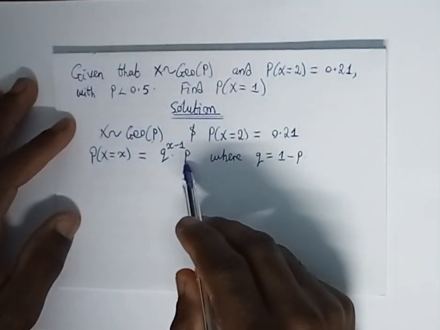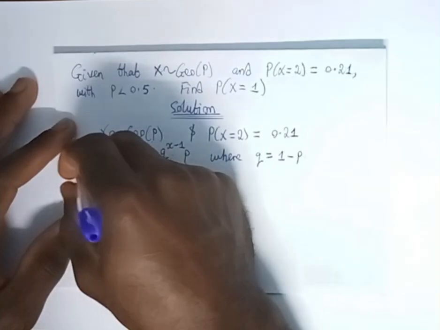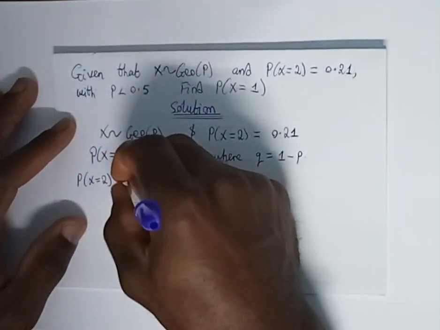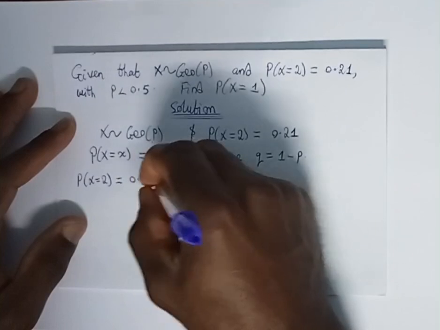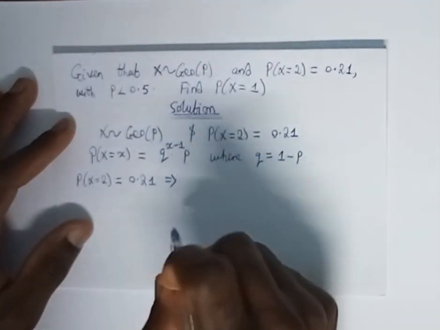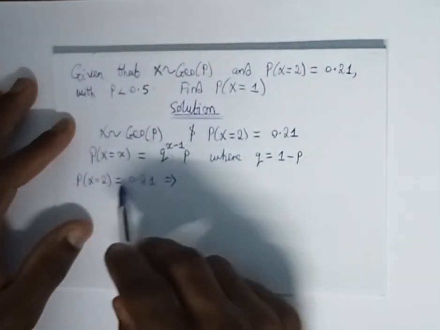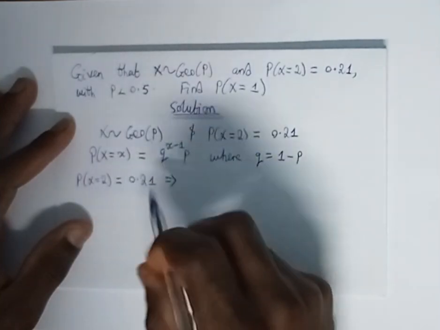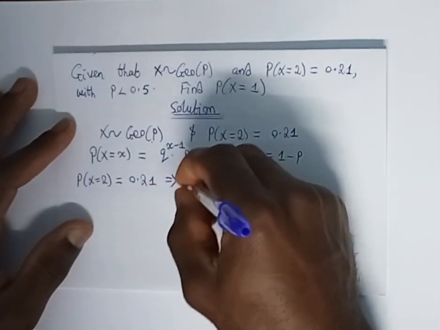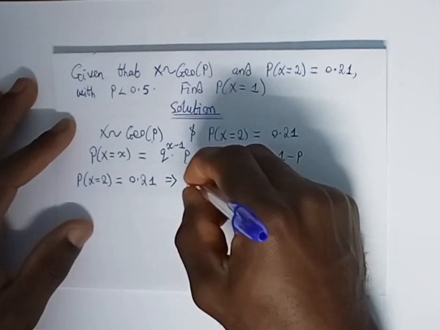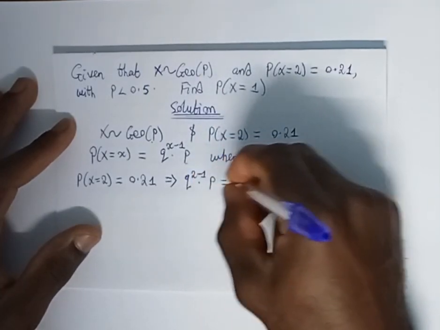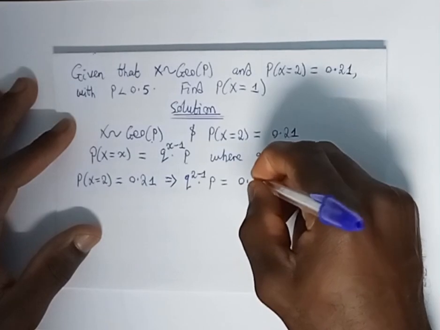Now, by making use of this, we have been told that P of X equal to 2 is simply equal to 0.21. If we apply this formula, it simply means we replace small x with 2, so this will give us Q to the power 2 minus 1 times P is equal to 0.21.